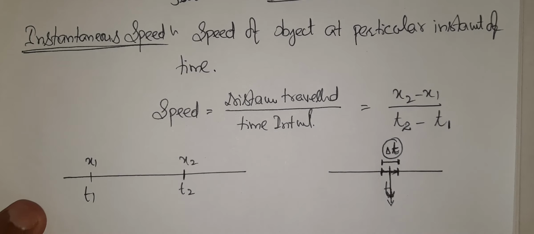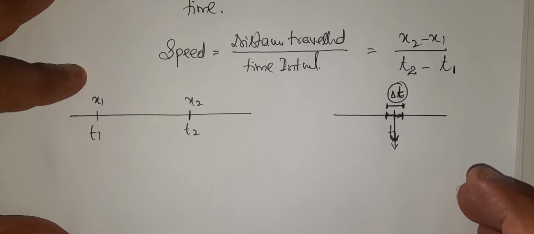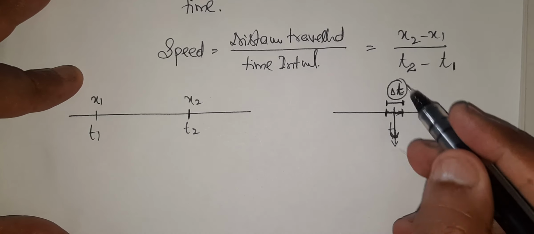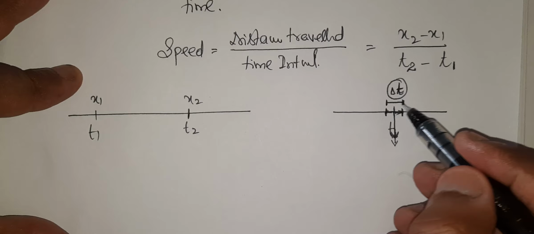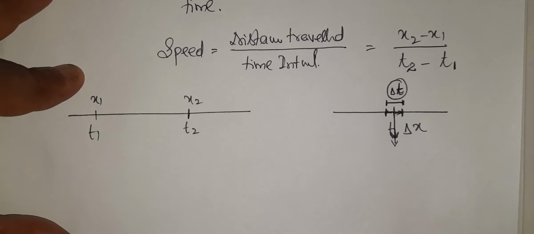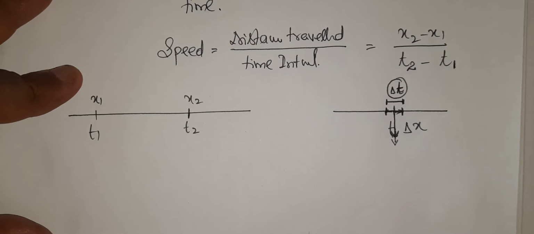Now, to calculate the instantaneous speed, I assume that in this particular time the distance traveled is delta x. डेल्टा मतलब small x, delta t small t.